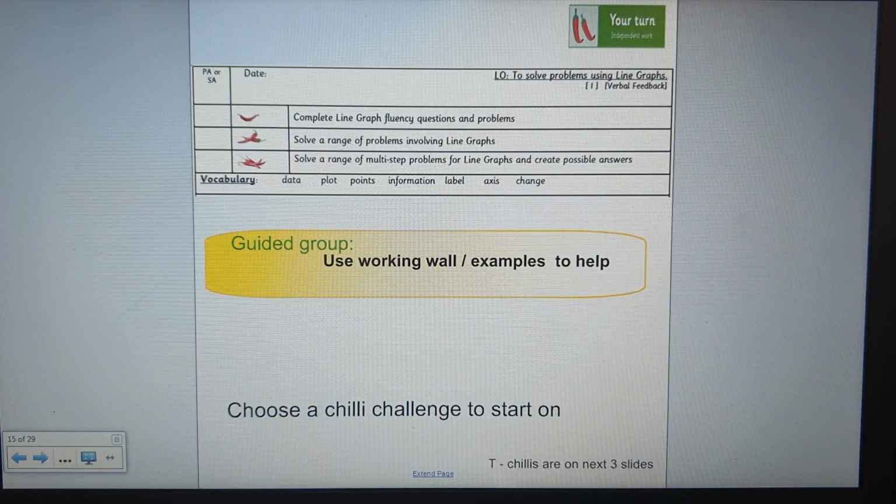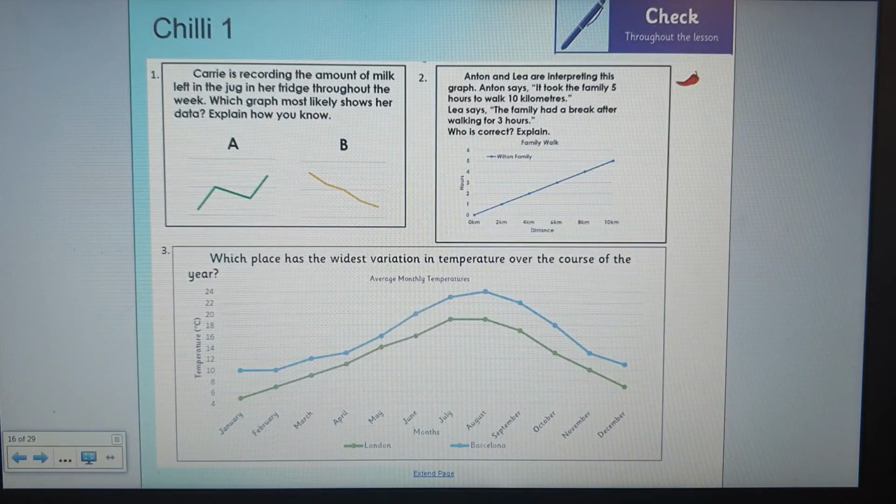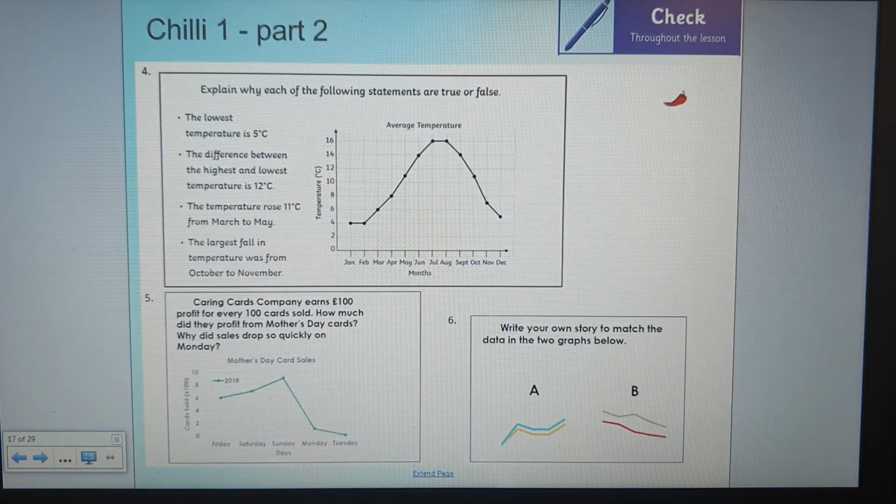There are lots of parts of the chilies today because there's part 1 and part 2 because there's the big sheets. And at the end of all the chilies, there is a page with some links to some extra bits of work or some other ideas that might help you. So don't forget to have a look right at the end of the video for that page. So I'm going to show you the chilies now, and you can pause and have a go at the ones you want to. So you have chili 1. We have chili 1 part 2.